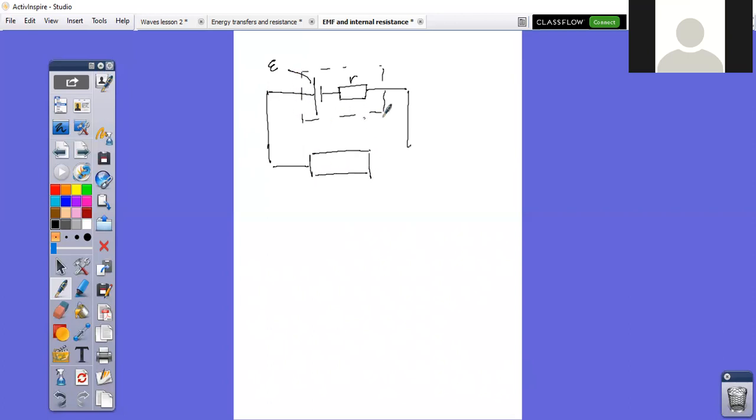This here is the inside of my cell, and this is an external load given the symbol R. There will be a current flowing through this circuit. I am going to get a potential drop. In other words, I'm going to get energy lost through this big resistor, but I'm also going to get energy lost internally in the cell due to this.